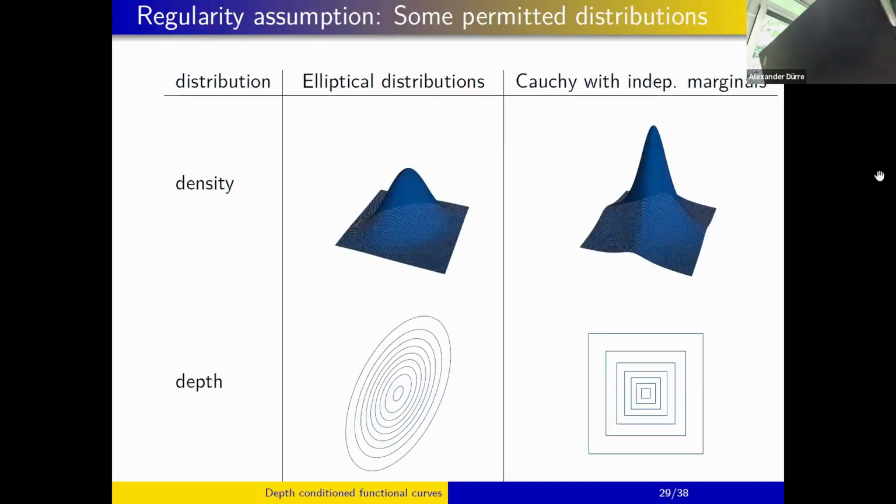Then there are some regularity assumptions. One regularity assumption is that the quantile of the data depth is not too exceptional. So you want to have it relatively smooth. If you have a smooth depth quantile, then you have a uniquely identifiable minimal half space. If you have points where it is not differentiable, then you don't have a unique half space.